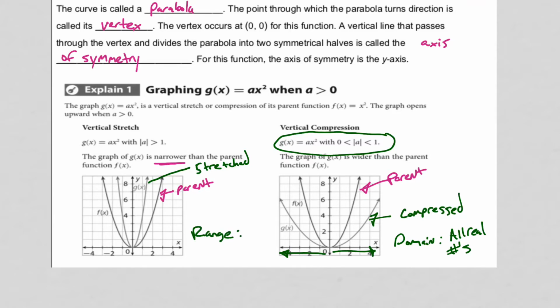For this particular parabola, the range in interval notation would be from 0, and it actually includes 0, so I'd have that sideways staple, all the way to positive infinity. But depending on how this has been transformed, up, down, left, or right, the range is going to change. But the domain is always all real numbers.